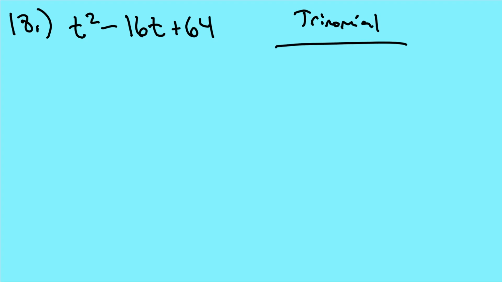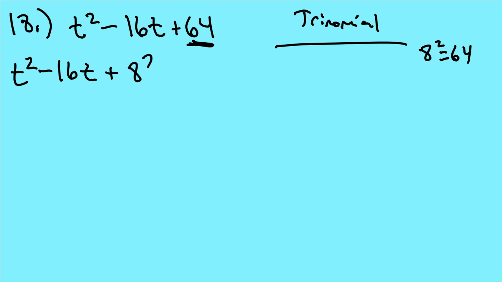Alright, so 18, this one's a trinomial, because it's got 3 terms. So I gotta hope I know that 64 is perfect. 64 is perfect. So hopefully you know that 8 squared is 64. So I'm going to rewrite it as t squared minus 16t plus 8 squared.